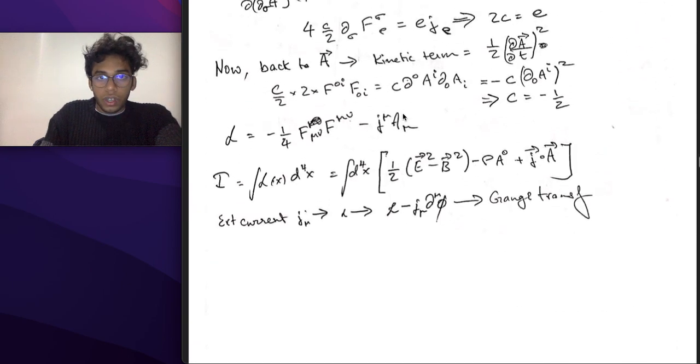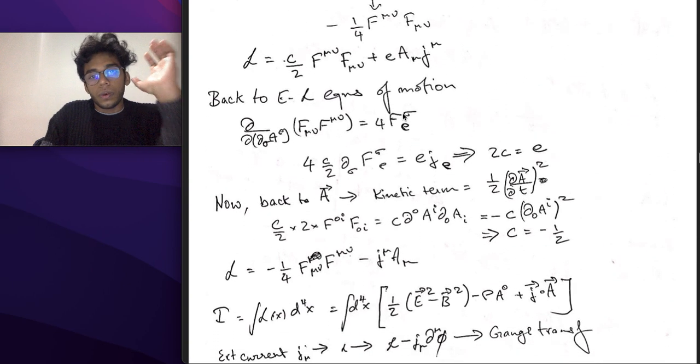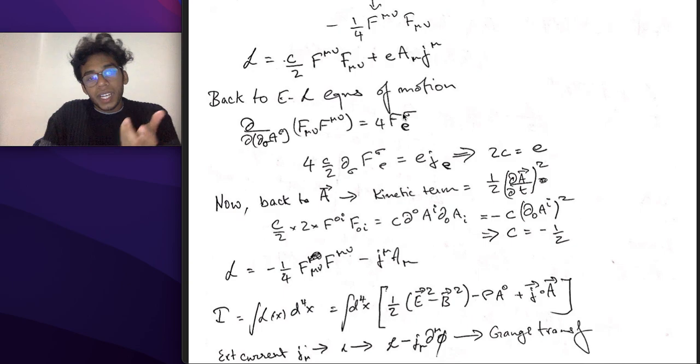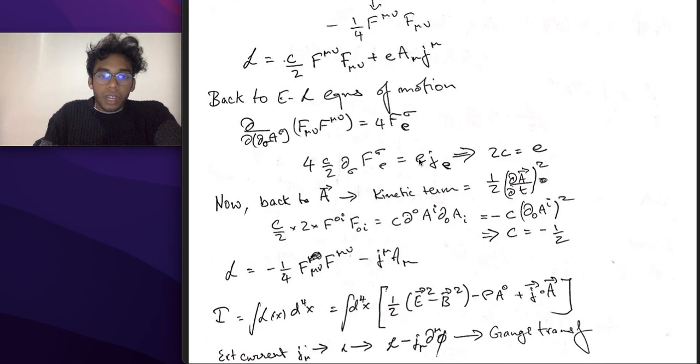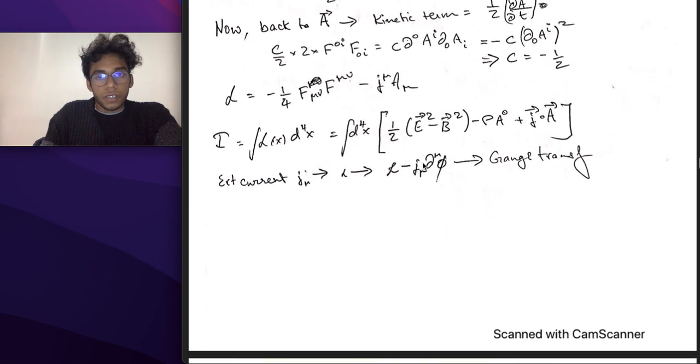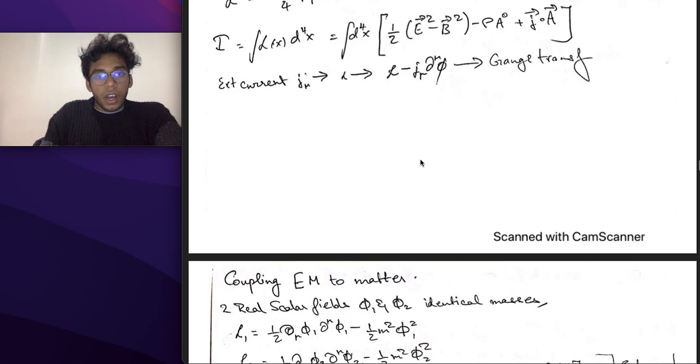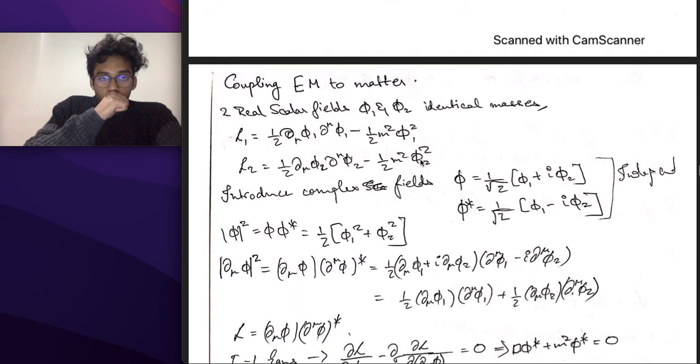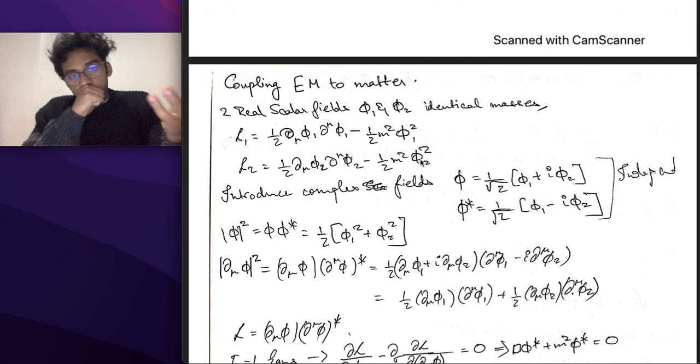We've seen how to build a Lagrangian for a free propagating photon using certain physical principles and ideas. And now what we do is we couple this Lagrangian to matter, right?